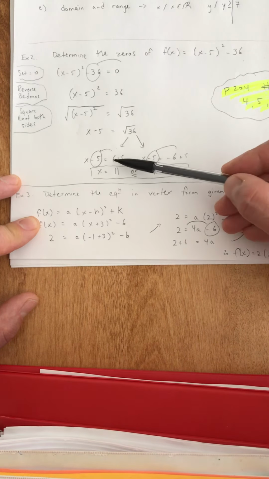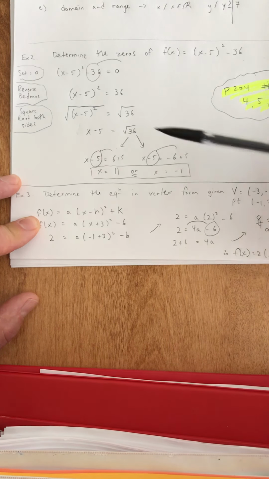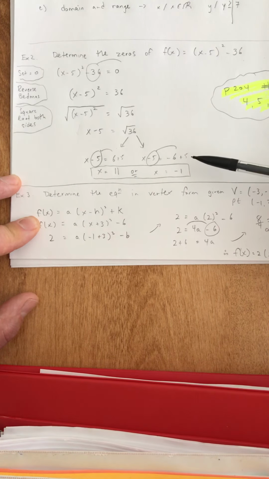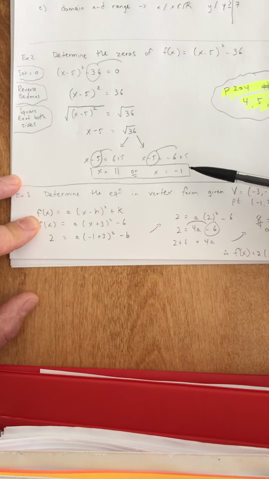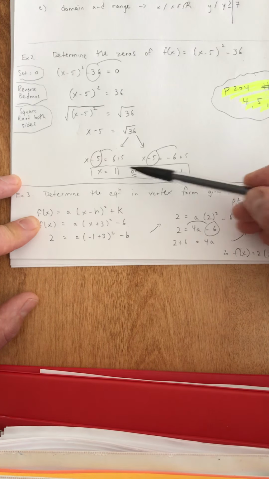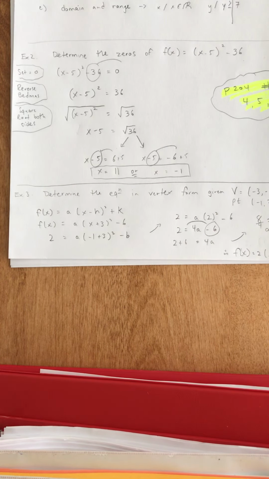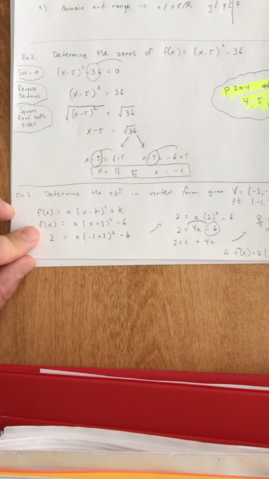You set one x minus 5 equal to positive 6, and one x minus 5 equal to negative 6. And then by bringing the minus 5 over, it becomes plus 5, and you solve for your 2 x-intercepts or zeros, or whatever you want to call them. So here we have x equals 11 or x equals negative 1. So you're solving from reverse BEDMAS and then branching your 2 solutions. You have a couple of examples to try that out.